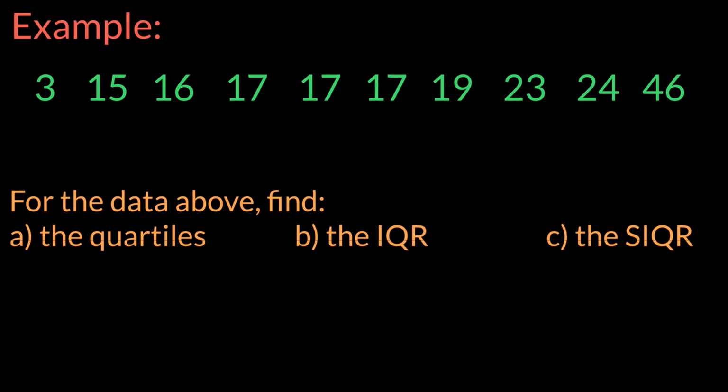So if we mark on that this is Q2, and Q2 is going to be in between 17 and 17, which is just 17. Then for quartile 1, our lower quartile, it will be the median or the midpoint of this section here, which is 16. So Q1 is 16, and similarly up at the top end for our upper quartile, Q3 is going to be 23.